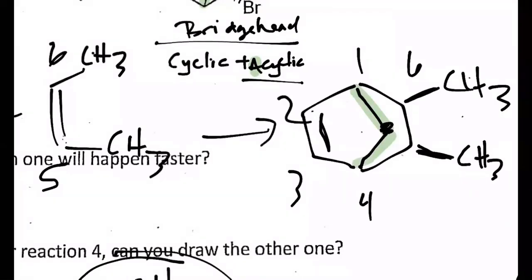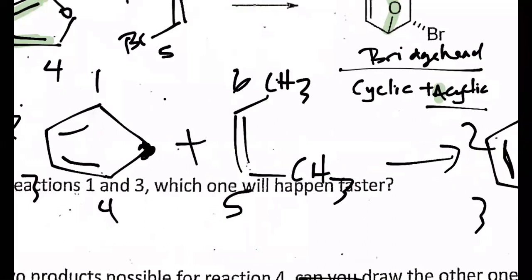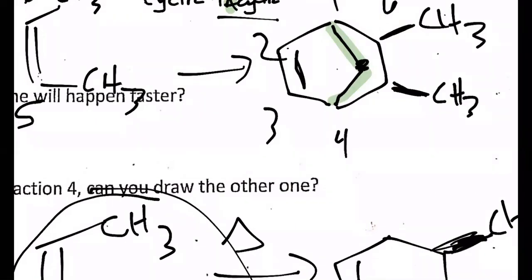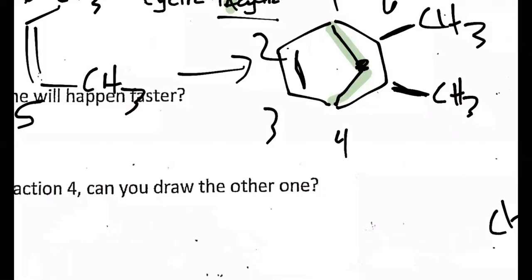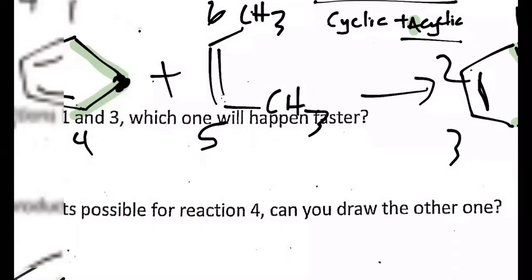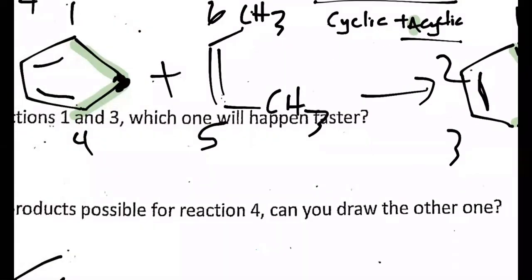Because on this side, that's the way it's pointed. So the structure is really not flat. It's really a 3D structure. And so that's why the bridge is actually pointed up. I want to generalize it by saying it's got to go one way or the other. The easiest way to do it, in my opinion, is draw in the 6-member ring first, and then put the bridge in between the carbons where that bridge shows up.